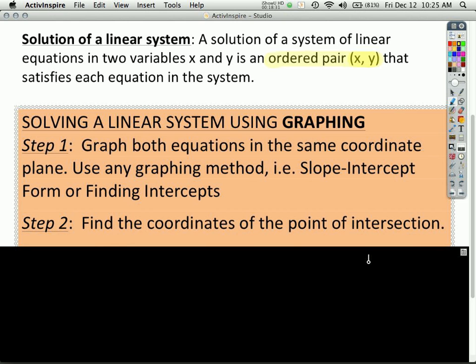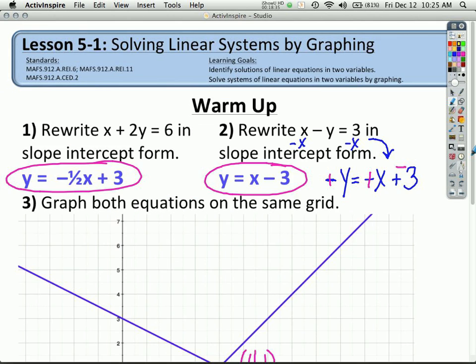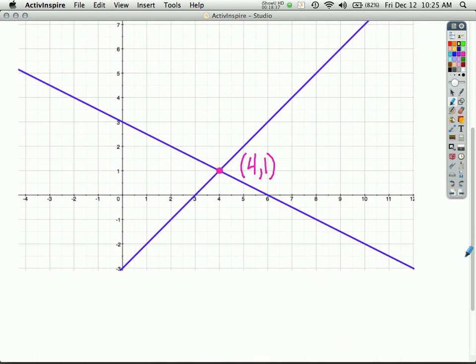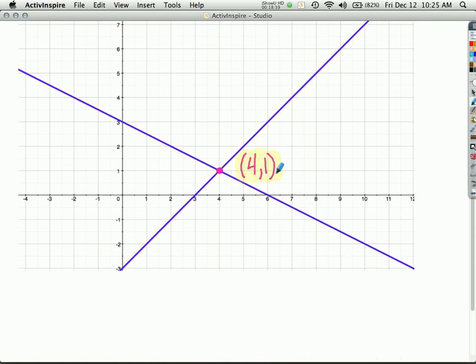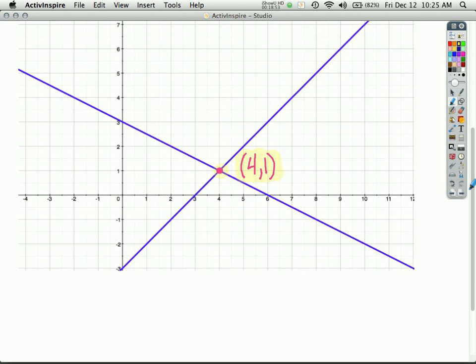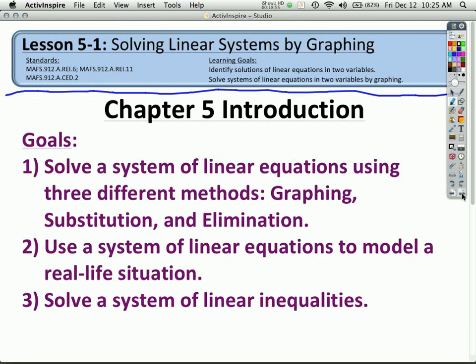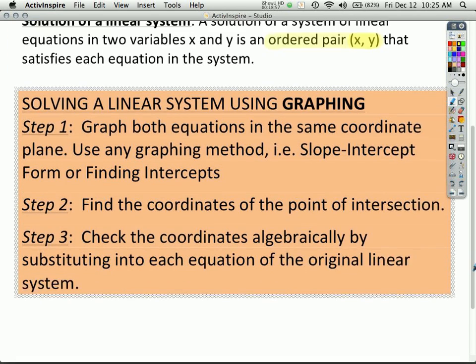So I know you guys are writing furiously, and that's good, but let me just quickly go back. Do you see this right here? That's an ordered pair. That is the point of intersection. This is a system. That is the solution to the system. So you've already done it once. So now back to this.